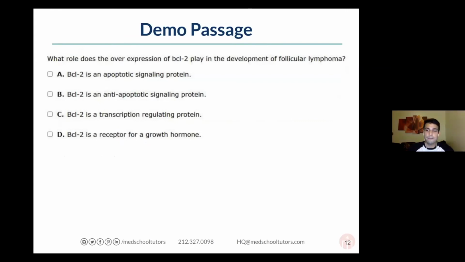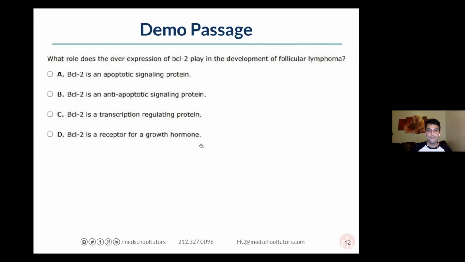Apoptosis is programmed cell death, which would necessarily be the opposite of prolonged lifespan of cells, right? If you have an apoptotic cell, you're not going to have a long-living cell.